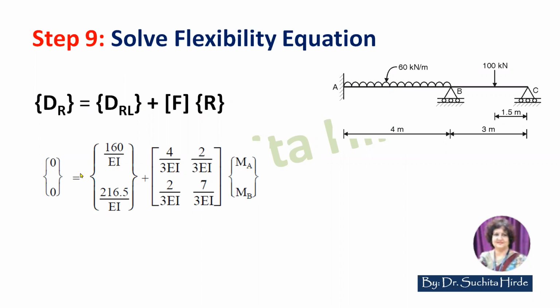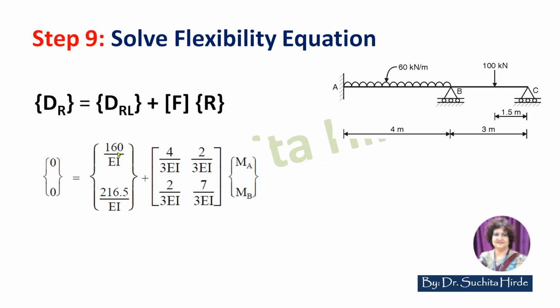Now here 1 upon EI you can take outside the bracket, and since the left side is 0, you can neglect 1 upon EI. So these matrices you can solve by writing the simultaneous equations, or you can use the Gauss elimination method to calculate MA and MB.